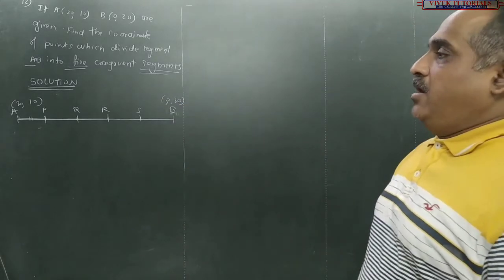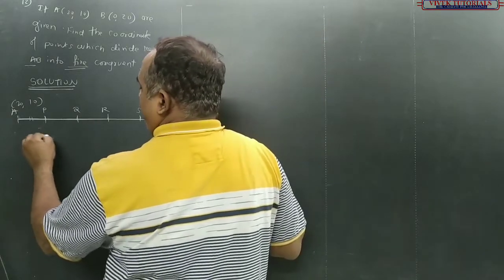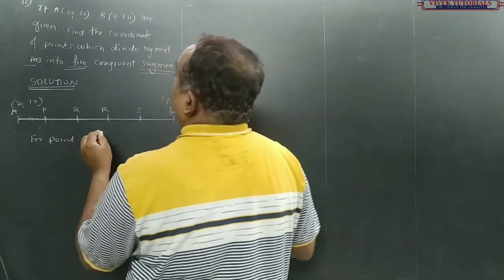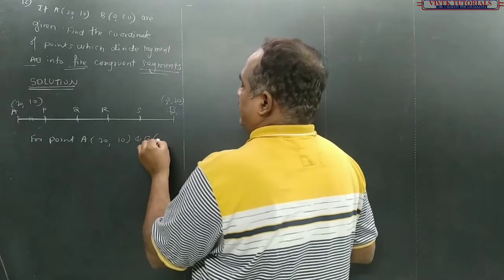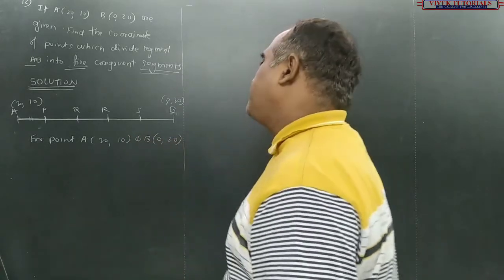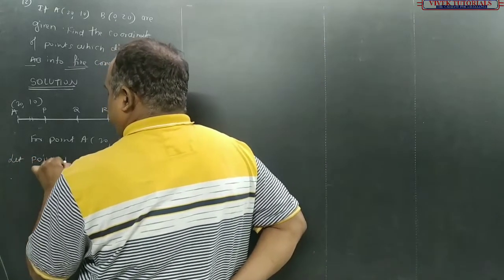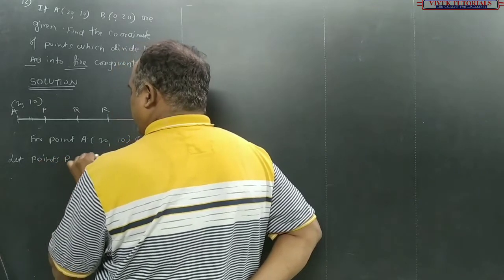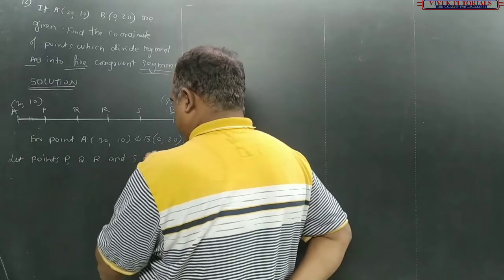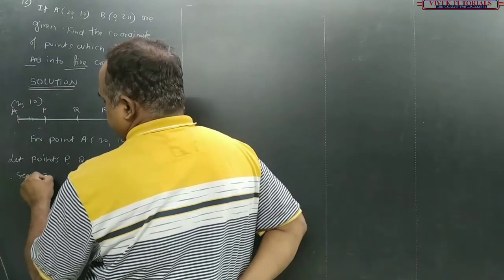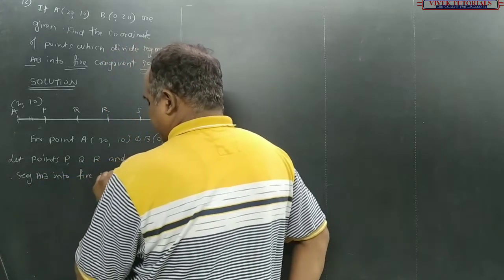Got it now? Now, the thing is, for points A (20, 10) and B (0, 20), let points P, Q, R and S divide segment AB into 5 equal parts.